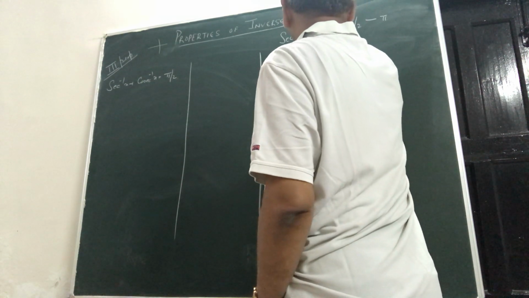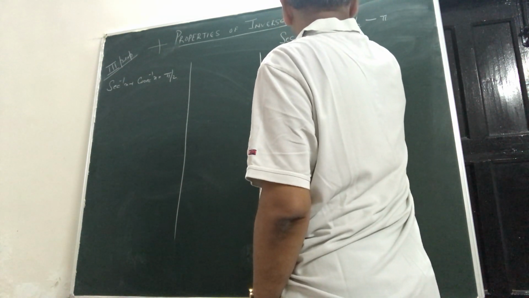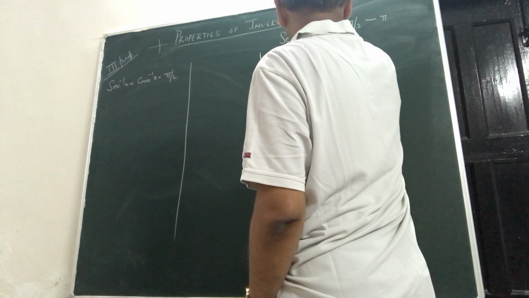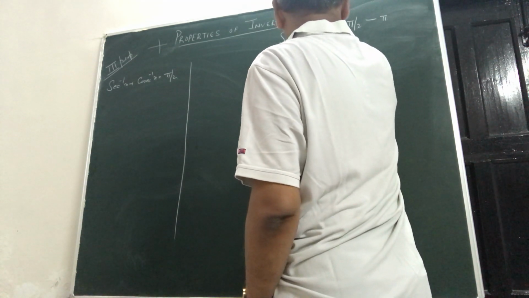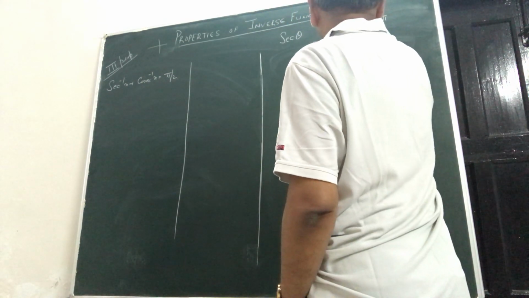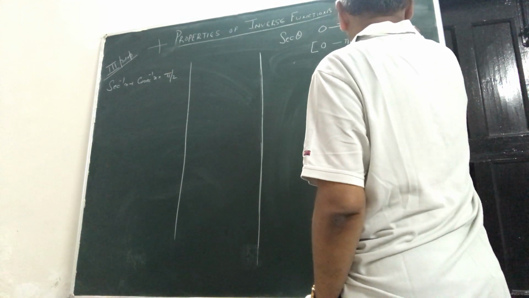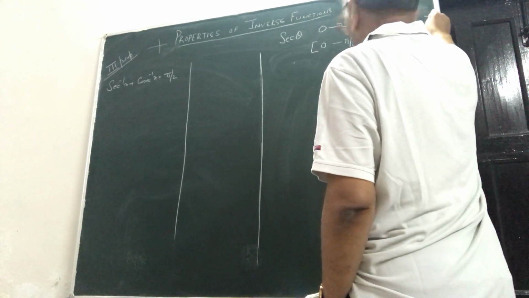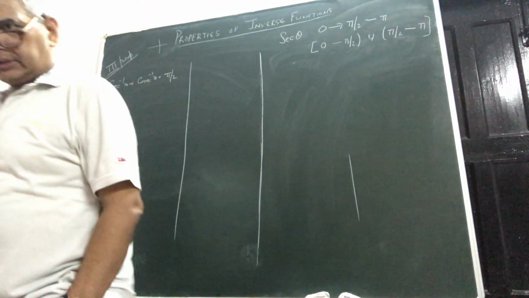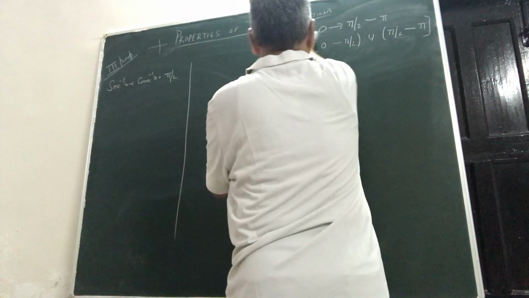So you write it like this: 0 closed, then pi by 2 open, union pi by 2 open to pi closed. Is it coming on your screen, that corner? No? Okay, I will write here.